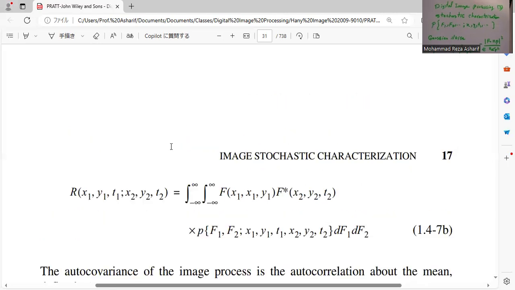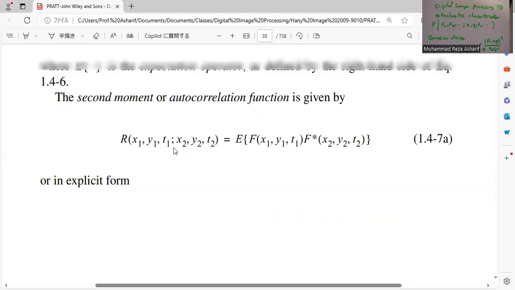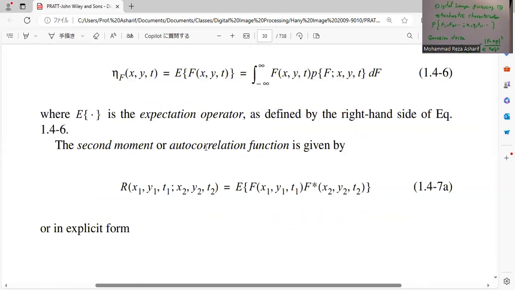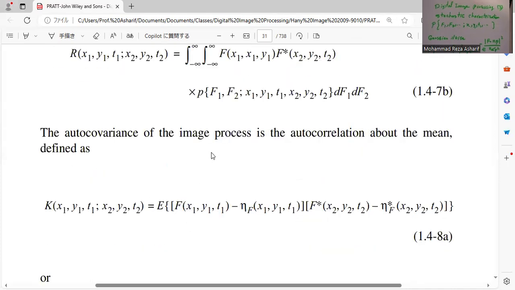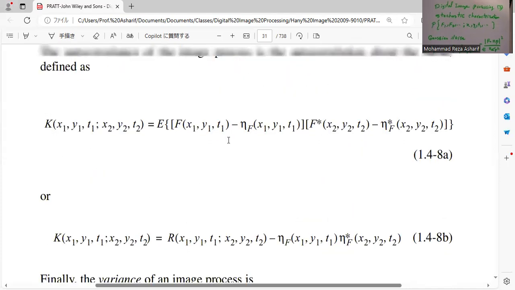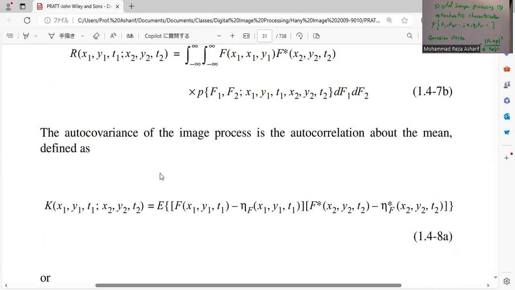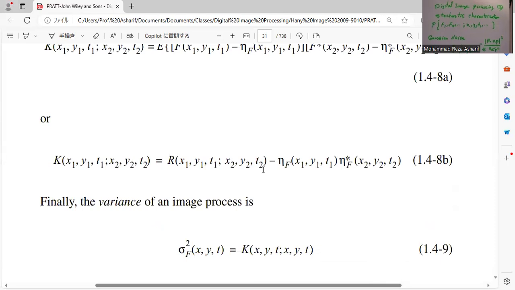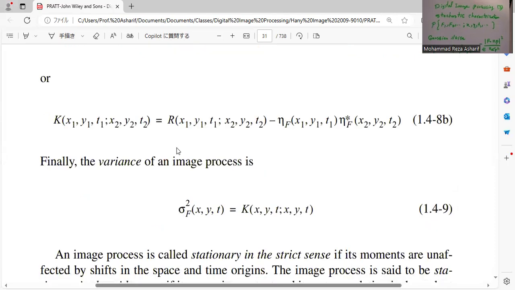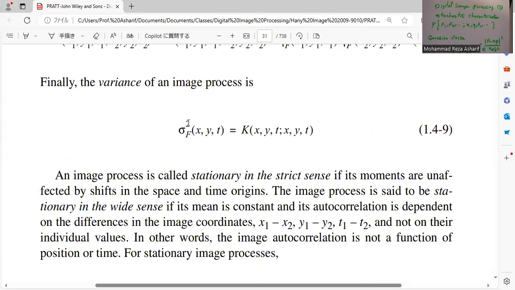This is the variance, the second order autocorrelation, and this is the autocovariance. And also the variance is defined as sigma F squared, which is K with X and X. So one pixel and itself.